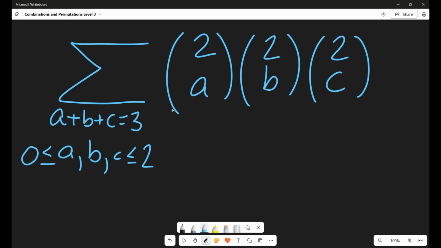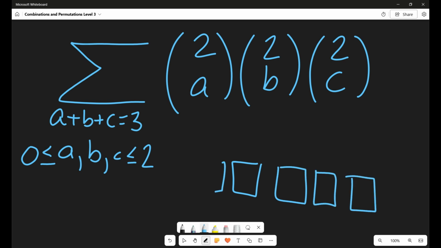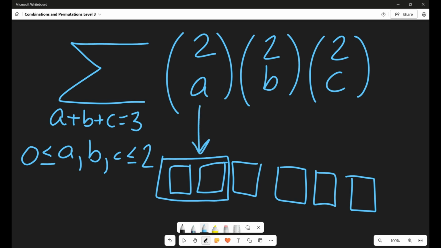So how would we find this sum? Well, say we have 6 objects, and I will represent each object with a square. Out of the first 2 objects, we are taking A of them. So 2 choose A will choose A out of our 2 objects.